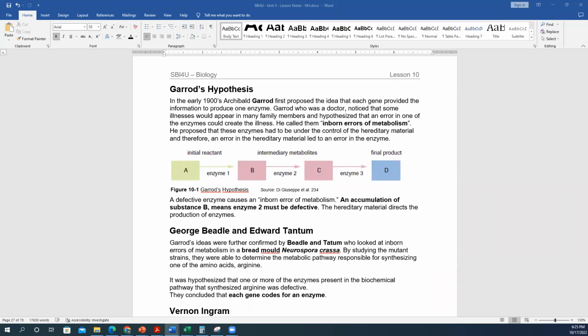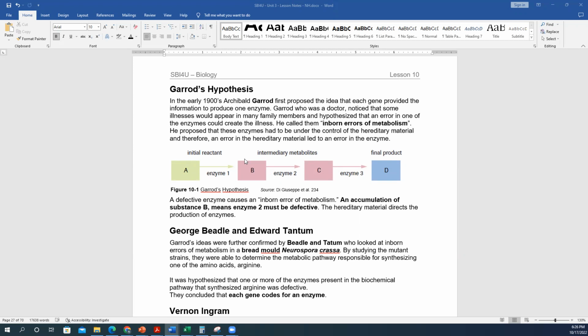So he hypothesized that there must be an error in one of the enzymes that could create this illness. He called this an inborn error of metabolism, and he proposed that the enzymes had to be under the control of the hereditary material.